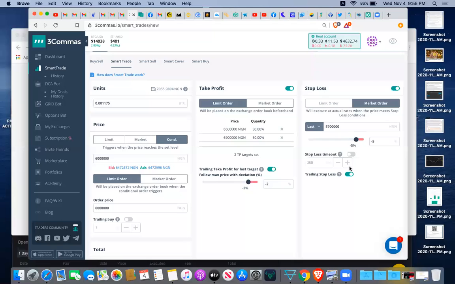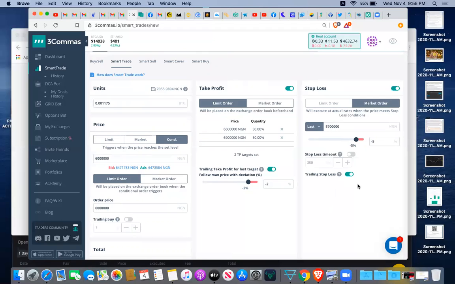Now, what does this trailing mean? Now, 5%, okay, 5% from this your entry price of 6 million, 5% stop loss is going to be 5.7 million. So when it drop to 5.7 million, it sell off, that means you lose 5% of your market.